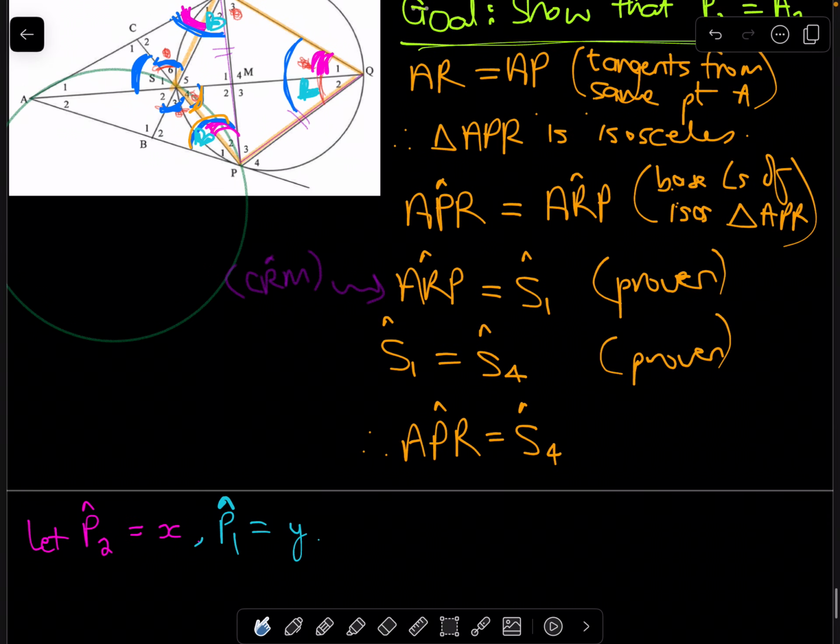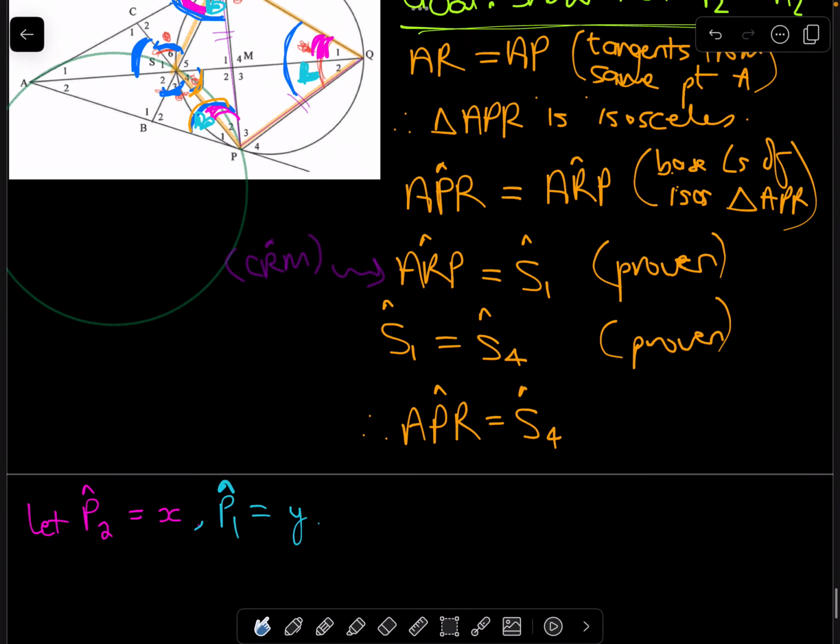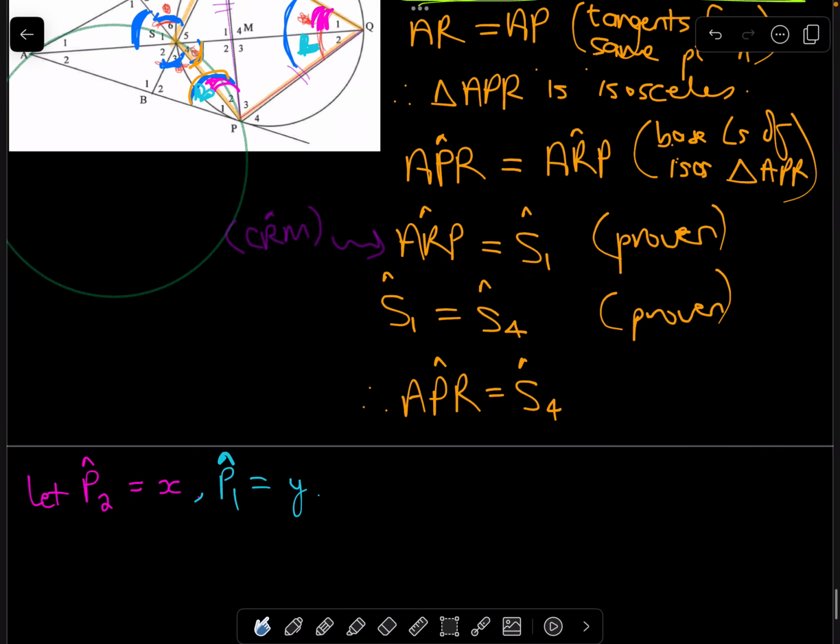Okay. So we know that this orange angle is made up of pink and blue. And so if S4 is also an orange angle and it's an exterior angle to this triangle, then it's equal to these two added together. And since we already have the blue, then this must be a pink. Okay, so let's write that algebraically.